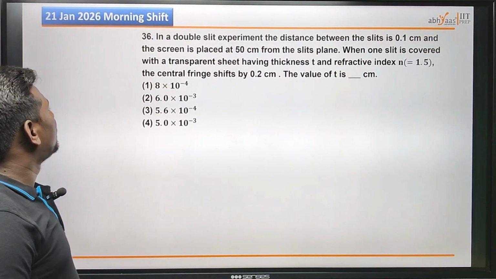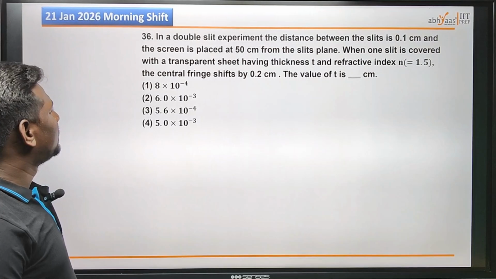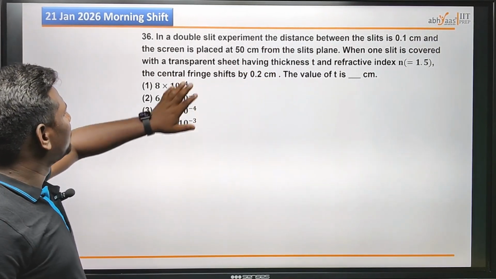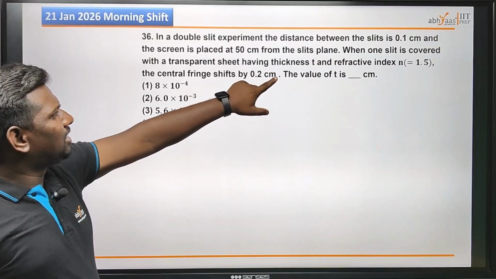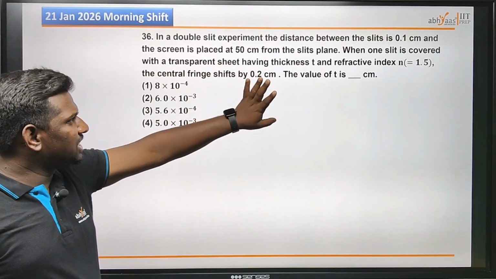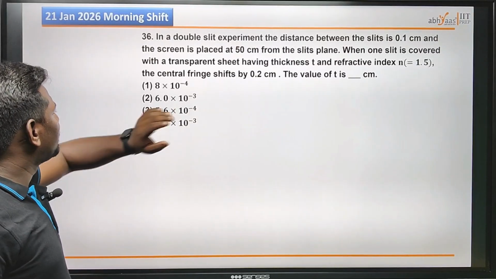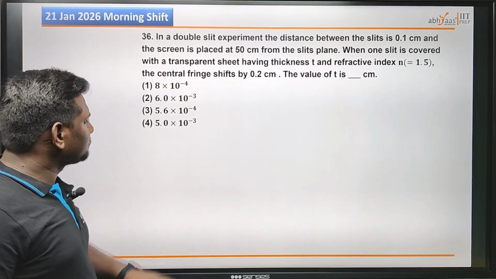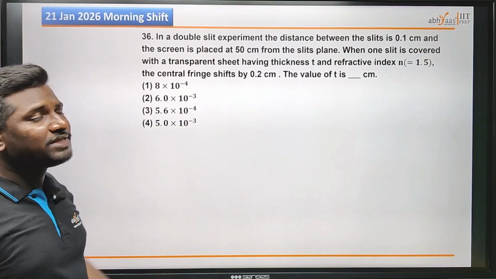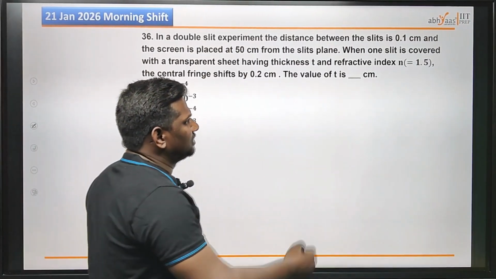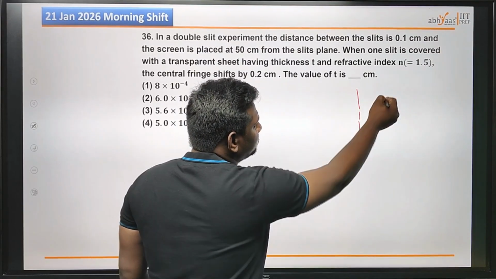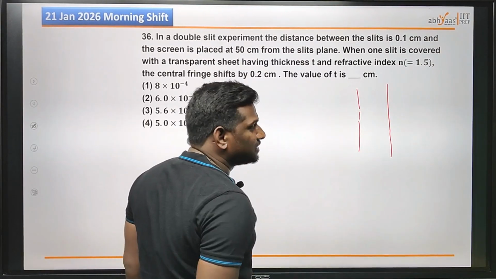Next one, see here. Question number 36. In YDSE, the separation between the slits they have given. One slit is covered with a transparent sheet of thickness t and refractive index they have given. The central fringe is shifted by 0.2 centimeter, find the value of the thickness. We know that in YDSE we have two slits and a screen.